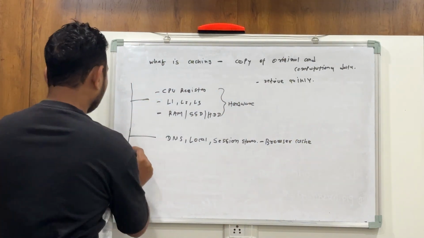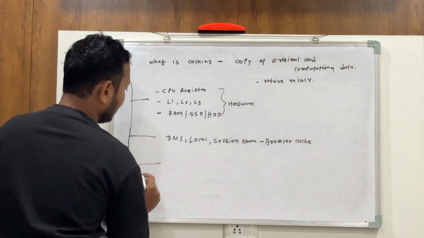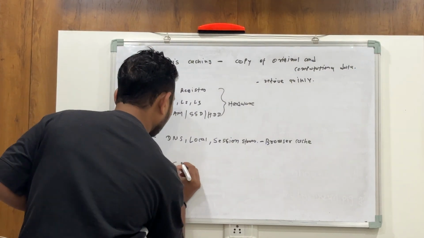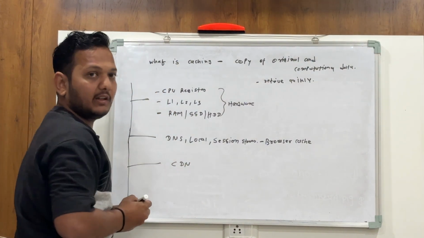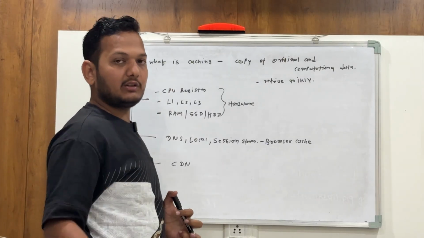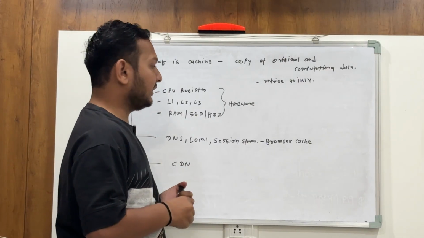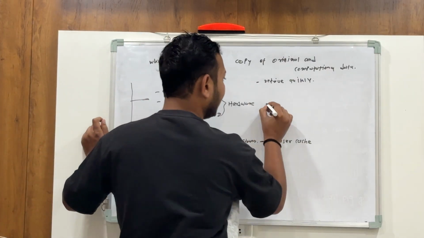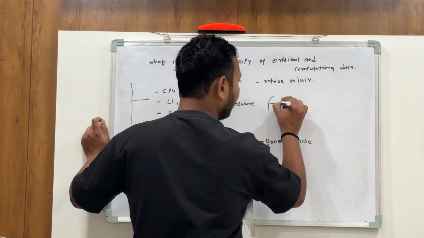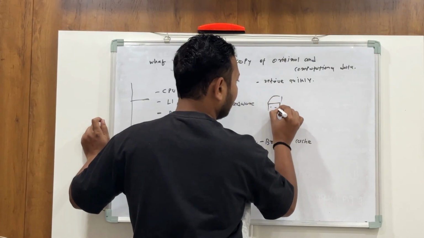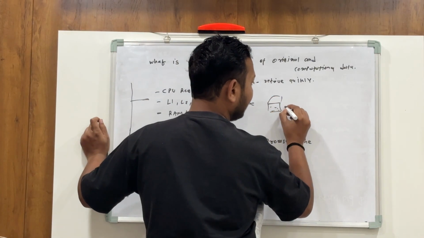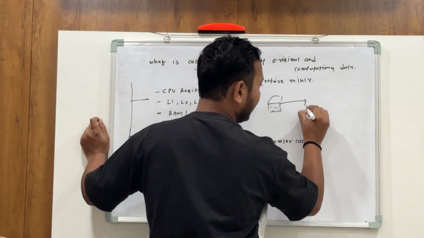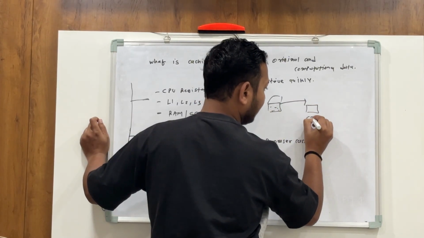Third cache is CDN, right? So now my request goes to the CDN, which is actually a server. For example, this is my client laptop, right? Now the request goes to the CDN.